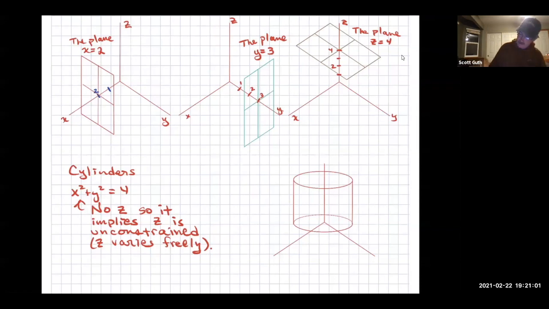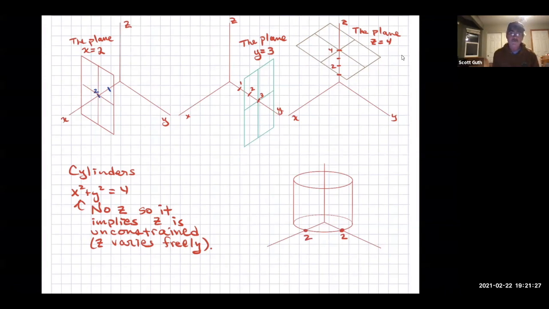So I may tweak this a little. Like that better. And of course, it's a circle of radius 2. So we can just sort of plop a 2 down there and a 2 down there, and that's the cylinder.